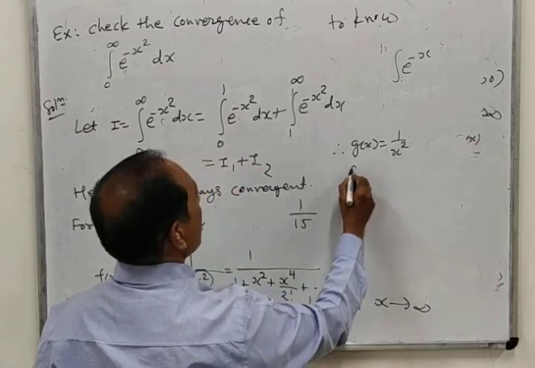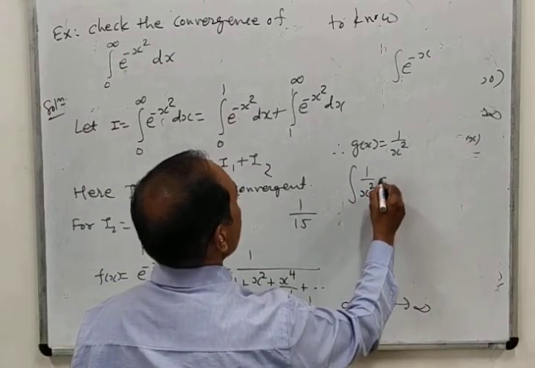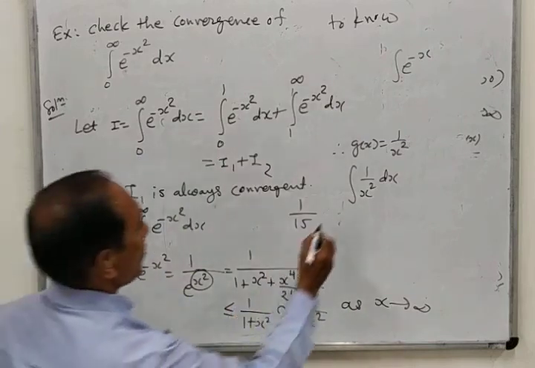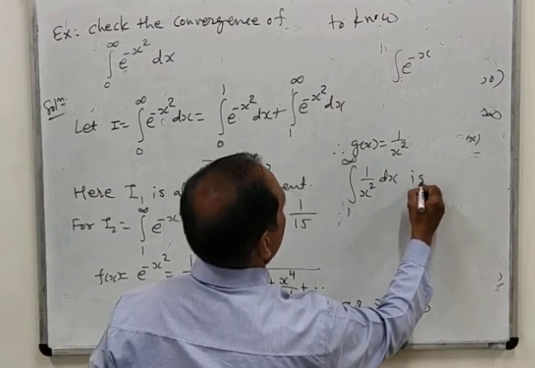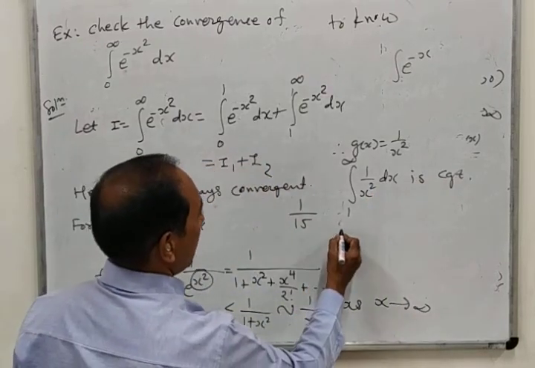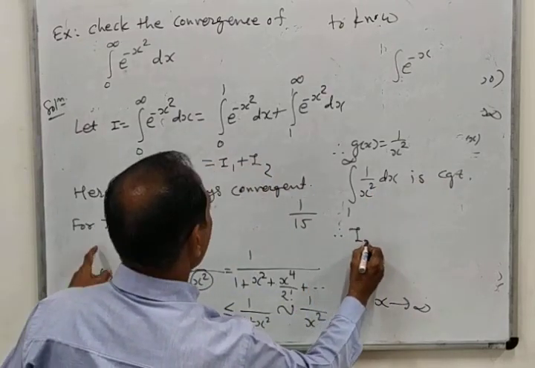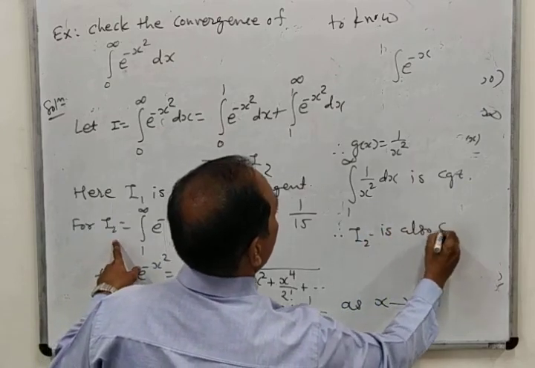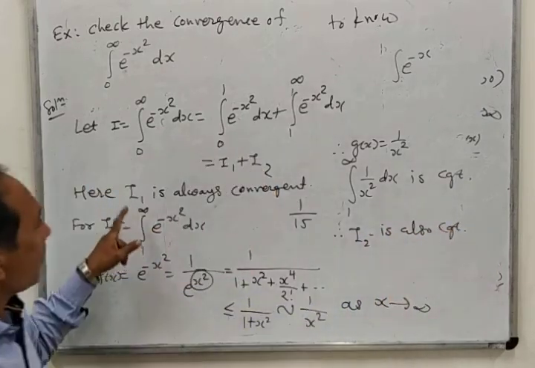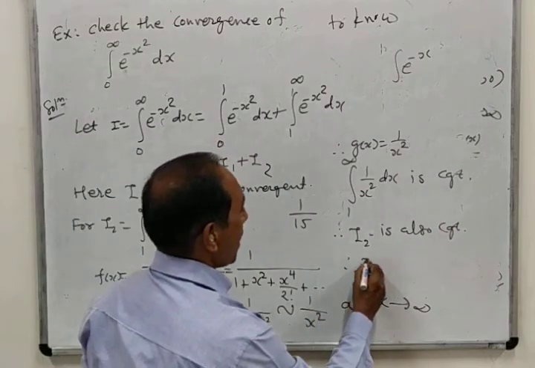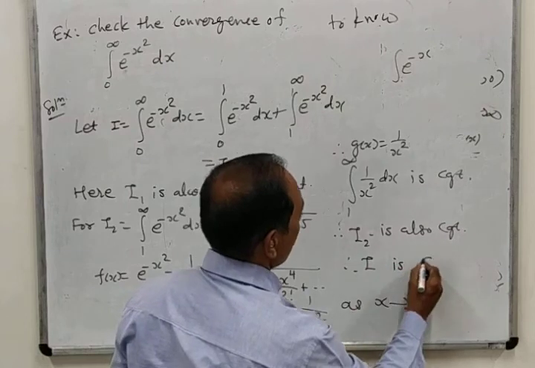And therefore our integral of 1 upon x square dx, with the same limits 1 to infinity, is convergent, because p equals 2 and p is greater than 1. Therefore I2 is also convergent. So I1 is convergent, I2 is also convergent, and therefore I is convergent.